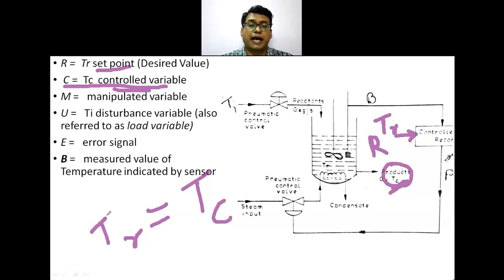This is my target. Once this target is achieved, then the controller will remain standstill, or else it has to take a certain action depending on the error that is generated.